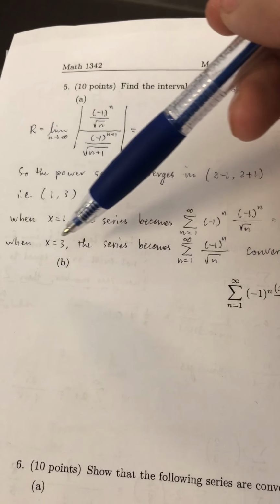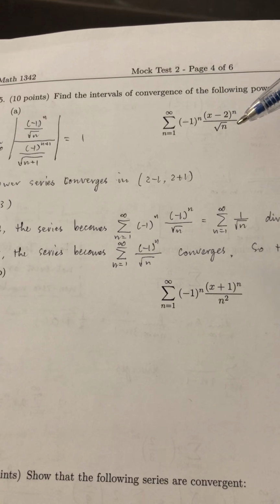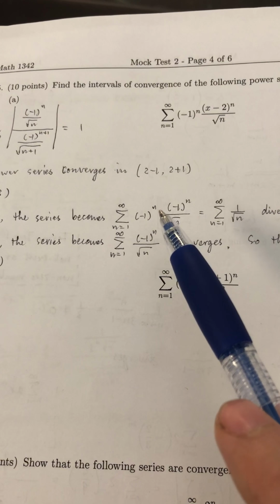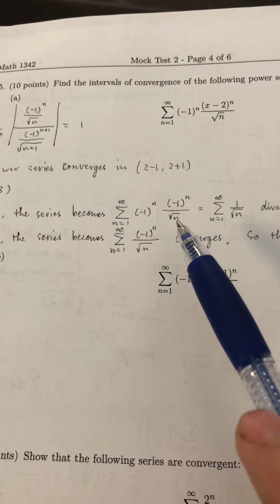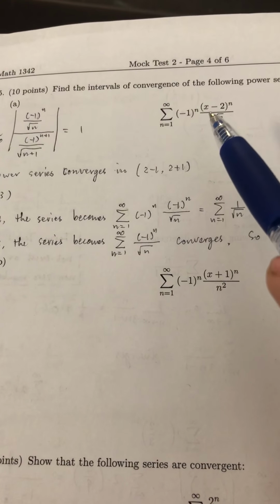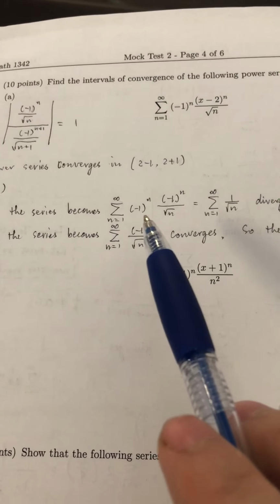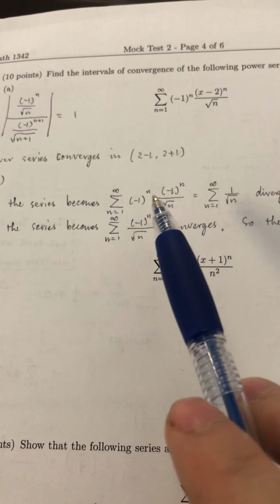Okay, so let's check. When x is equal to 1, what does this series look like? It looks like this. Sigma of negative 1 to the n, divided by root n. When x is 1, 1 minus 2 is negative 1. Now, negative 1 to the n times negative 1 to the n gives you 1.